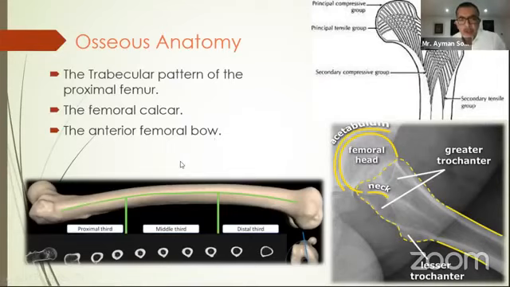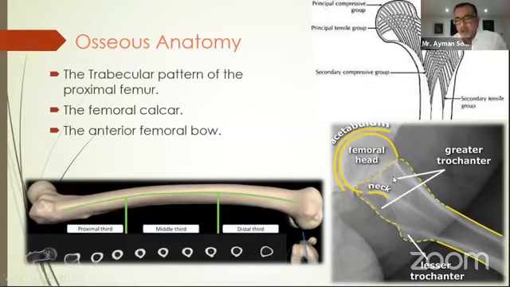There is also the anatomical fact of the anterior femoral bow, and it's not a very uniform bow, but for description, we say it's an arc of a circle whose diameter is 100 centimeters roughly. Now this is a radiograph of the lateral projection of the proximal femur.